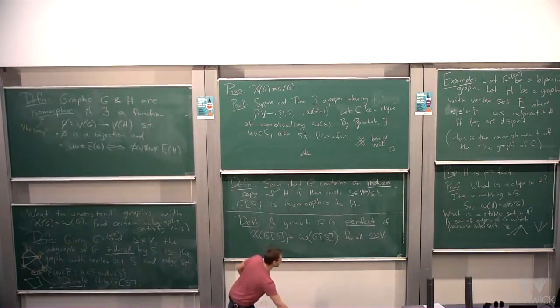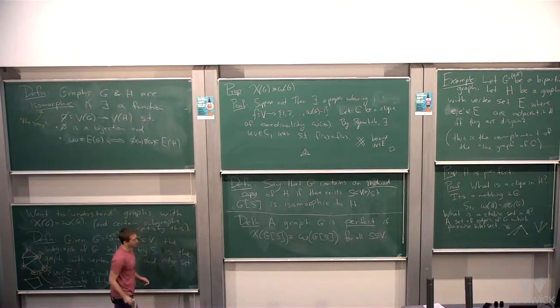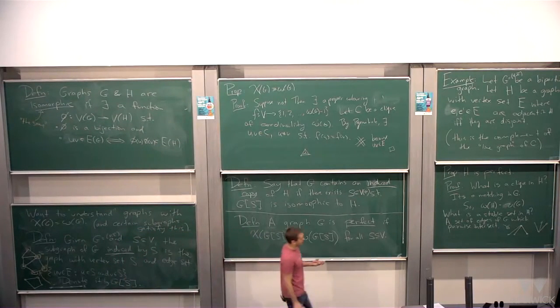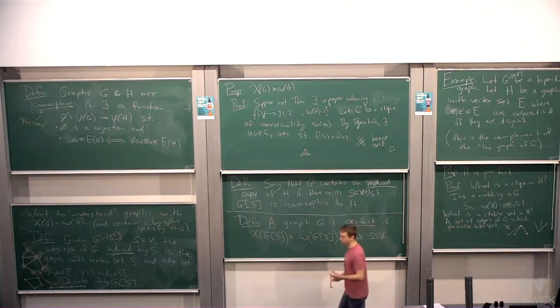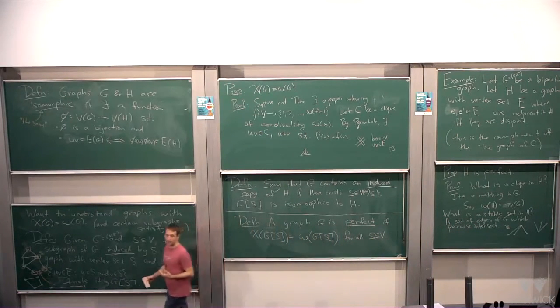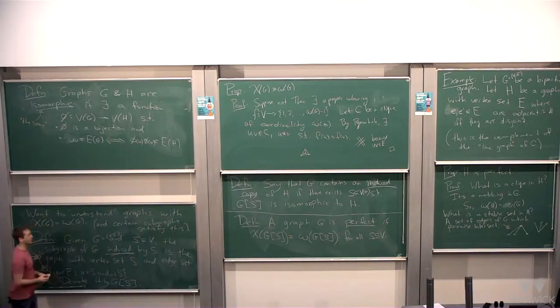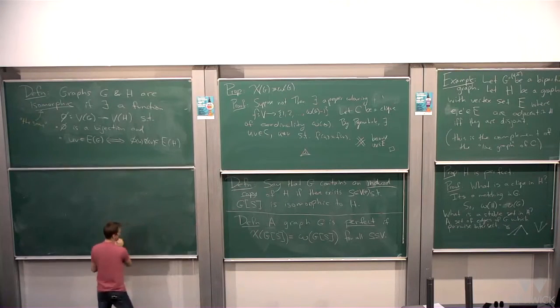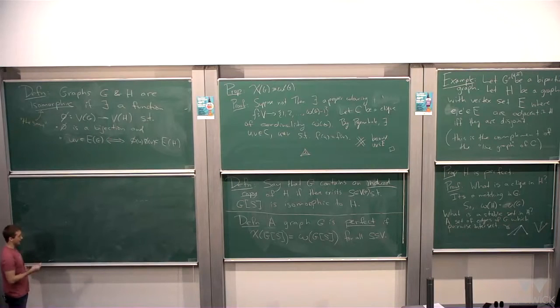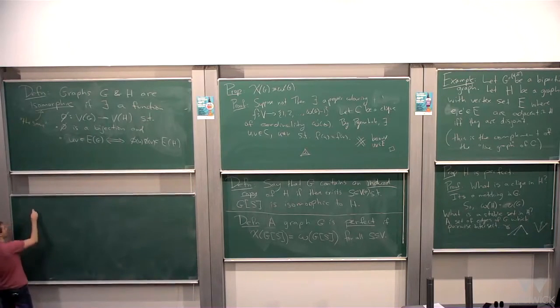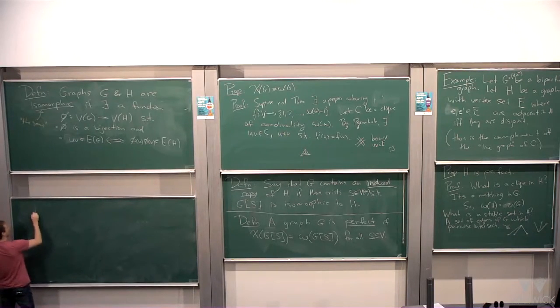Now we want to show that the chromatic number of H is equal to the clique number. Technically I need to show this for every induced subgraph, but every induced subgraph will have the same sort of structure. It'll be a complement of a line graph of a bipartite graph. So now we know what a stable set is in H, we can say what a proper coloring of H is.